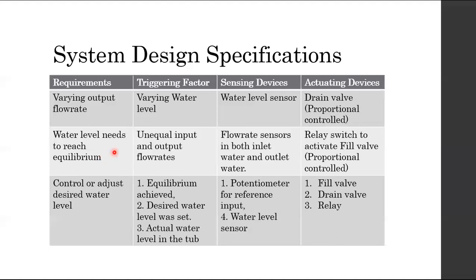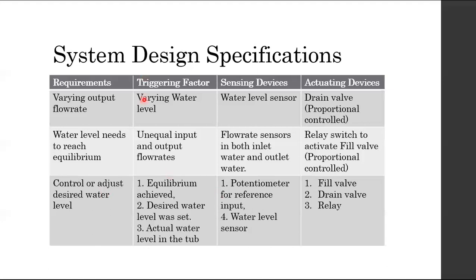Kumbaga yun lang yung initialization ng pag-open, no, ng system. Okay? So, ma-adjust lamang natin, no, ng gagamit, no, ng bathtub kapag nag-equilibrium na. Pero syempre, kailangan may chance pa rin na ma-set niya sa desired water level niya.